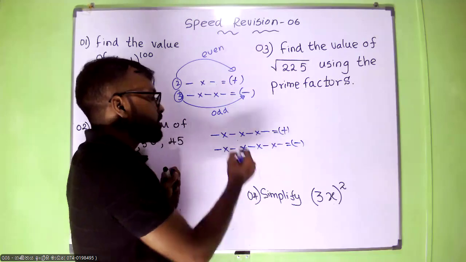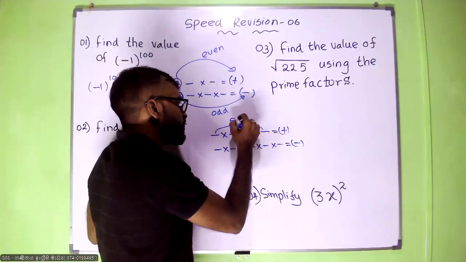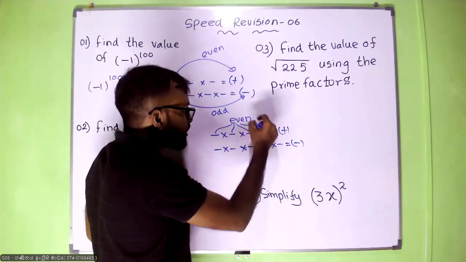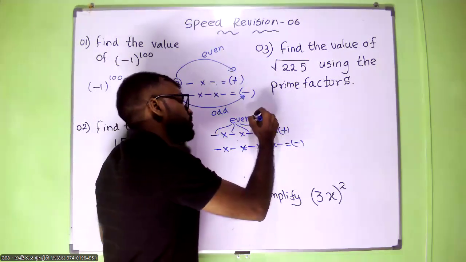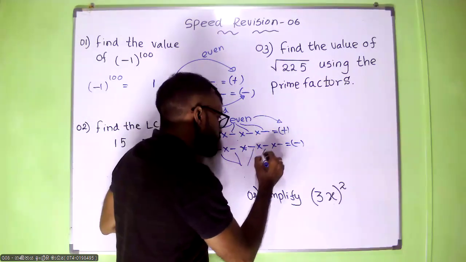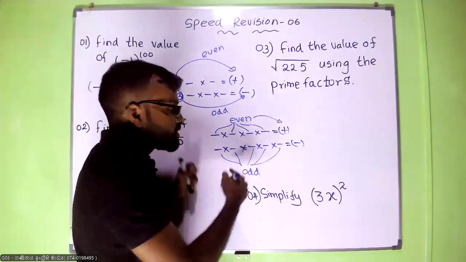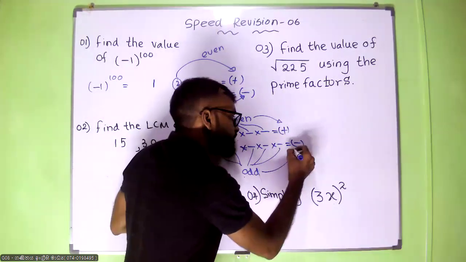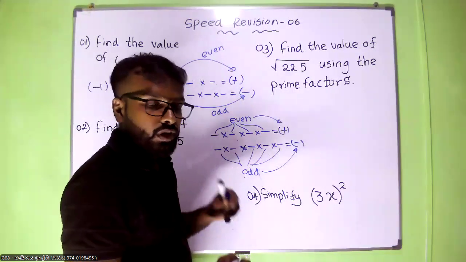So that means if you have even number of negative signs, if you multiply them together, you will obtain a positive value. If you have odd number of negative signs multiplied together, you will end up with a negative value.